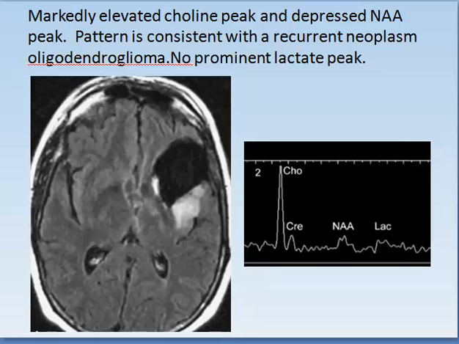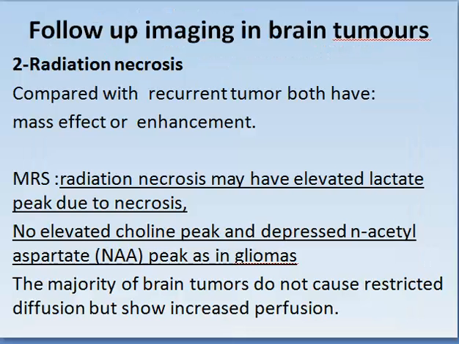Markedly elevated choline pattern is consistent with recurrent neoplasm. There is no prominent lactate. Lactate is concerned with necrosis. Radiation necrosis may have elevated lactate, but choline is increased in gliomas.